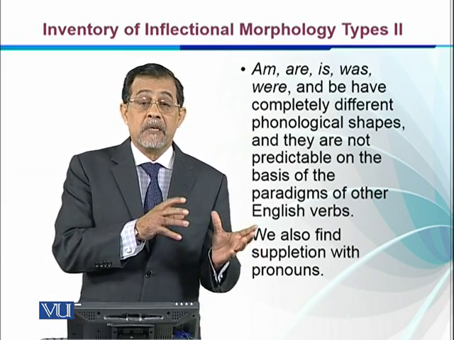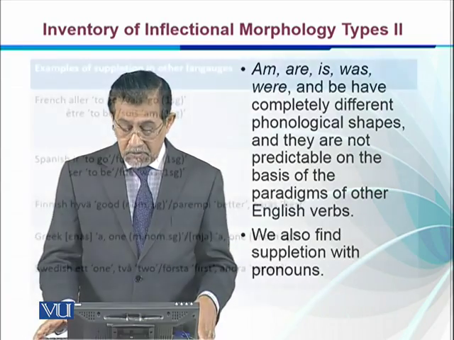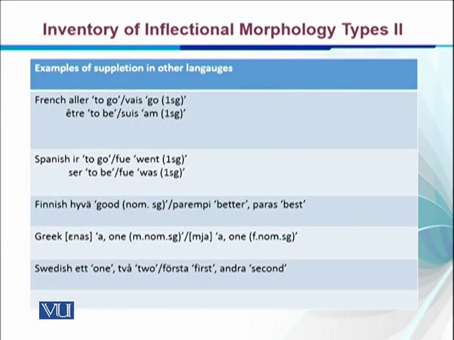Look at this: we and ours. There are two different forms. Example of suppletion in other languages: French, aller, to go, and vais, go. So there is no similarity between the infinitive and the present form.